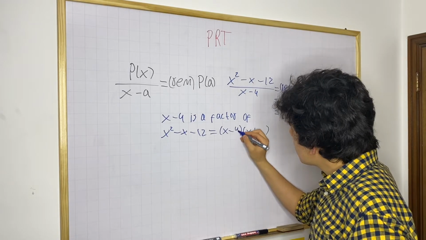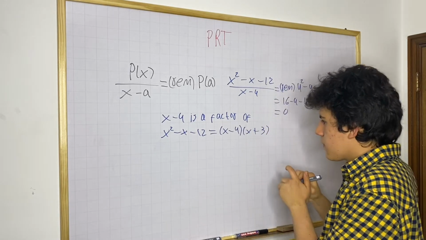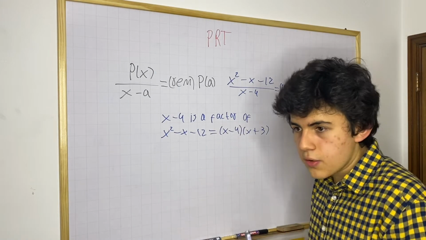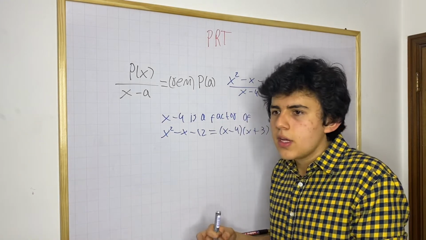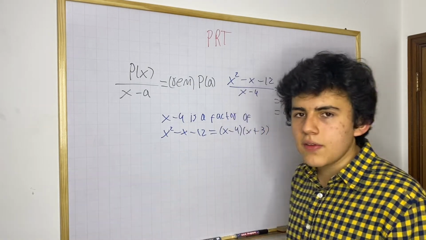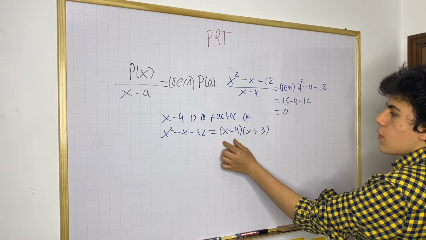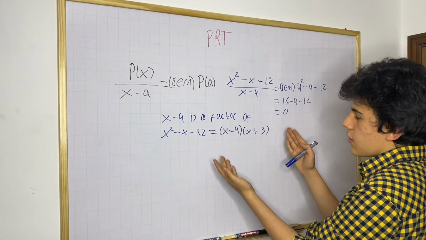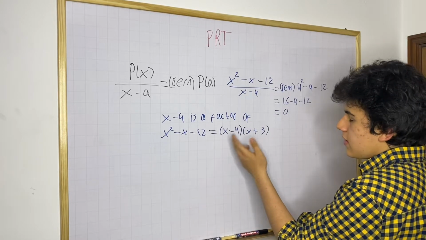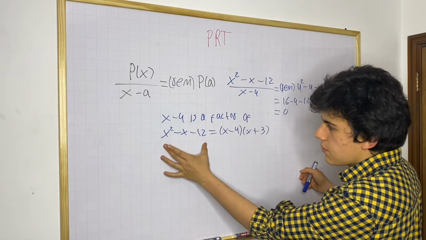So minus 4 and 3. Now, this is one of the factors. Remember, a factor is one of two or more things that you multiply to get a specific product. So we can see in this factoring that x minus 4 is indeed a factor of this polynomial.